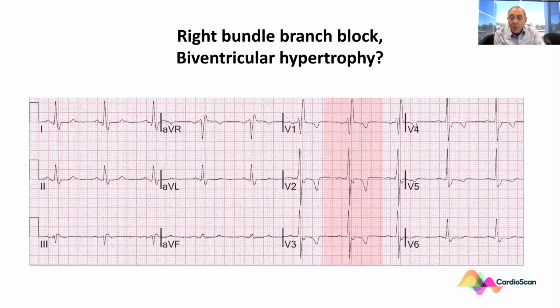Here is another one where the T wave inversion is extended, V4, V5, and there are tall R waves in V5 and V4, and this suggests that there is left ventricular hypertrophy as well. So we have evidence or suggestion of right ventricular hypertrophy, and then we also have left ventricular hypertrophy. So we can call this biventricular hypertrophy. Again, it's not an absolute diagnostic criteria, but rather it's a suggestion, and it is worth putting it in the report.